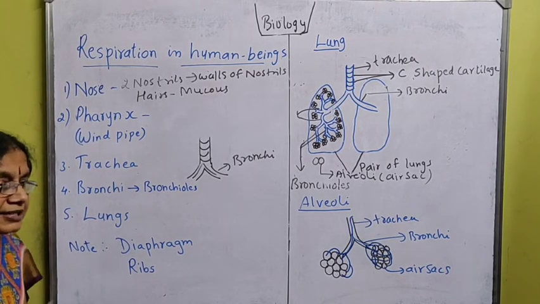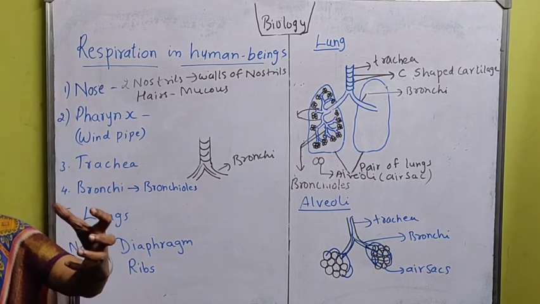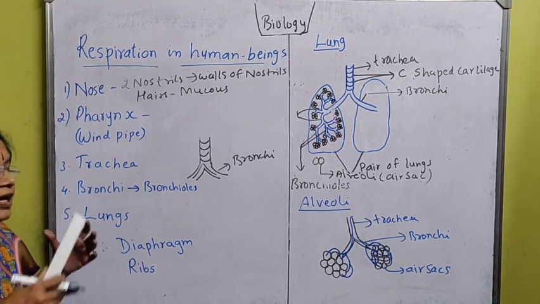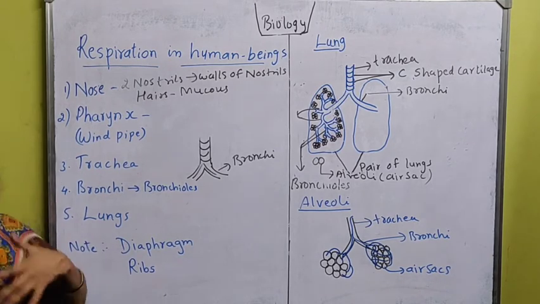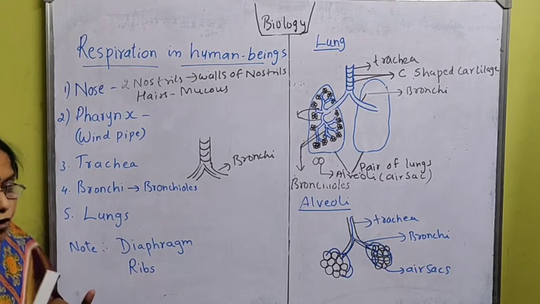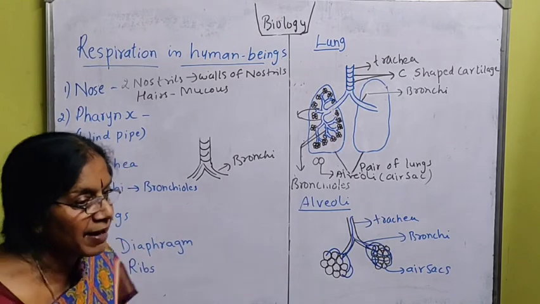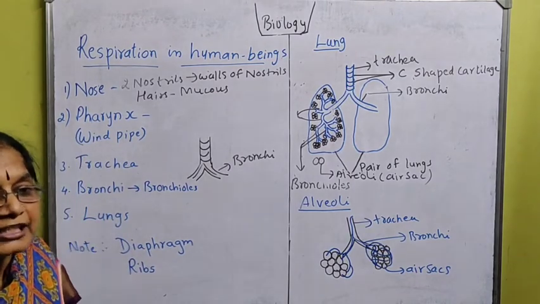What is this rib cage? It is a cage made up of bones to protect our heart and lungs, which are very delicate parts. They are protected by these ribs. So the ribs move forward, and enough space is there for the air sacs to expand. Why should the air sacs expand?